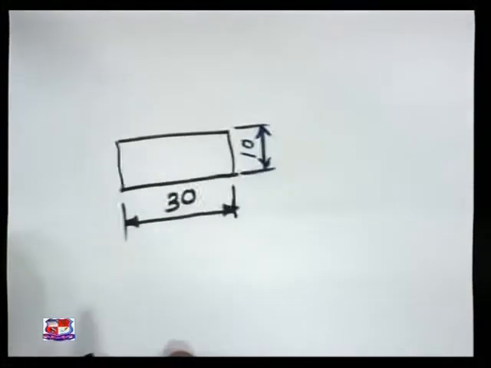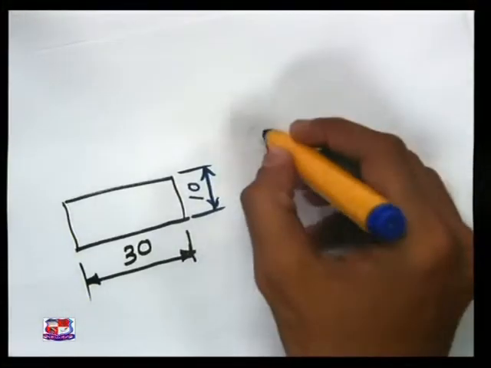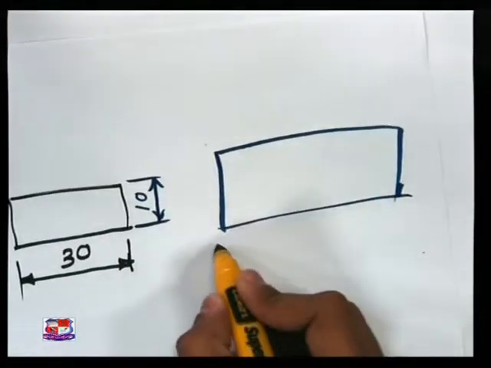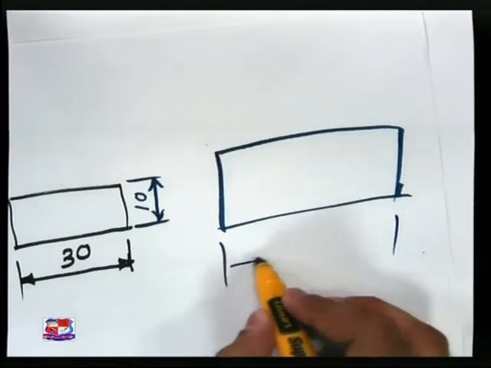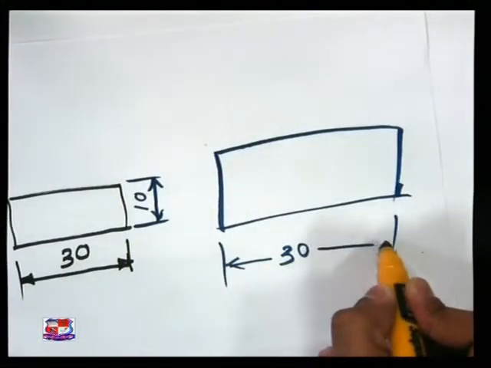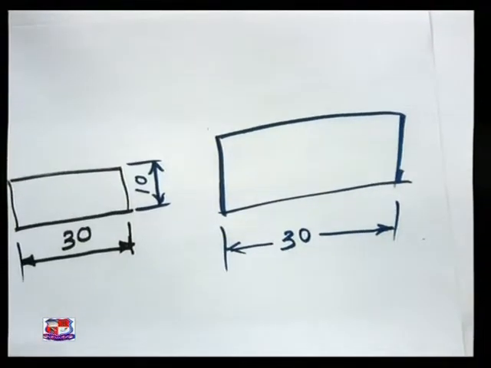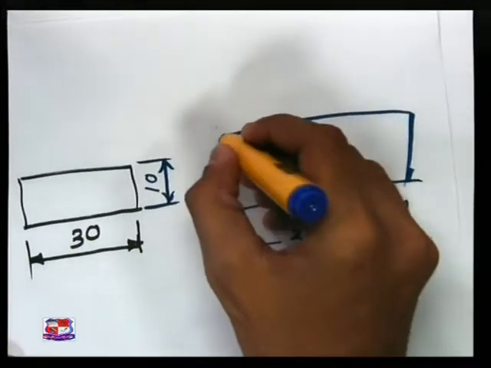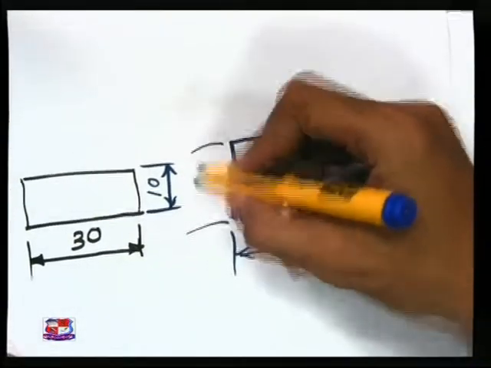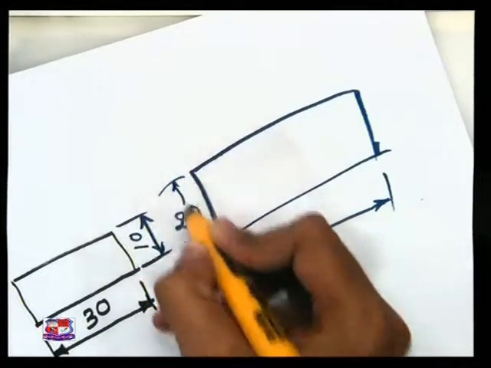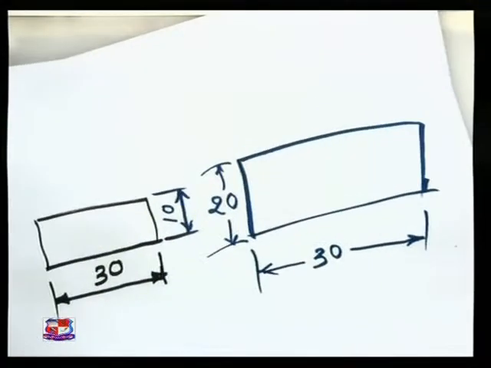In case of the unidirectional system of dimensioning, suppose this is a rectangle, you have to insert the dimensions by the unidirectional method. So the dimension should be inserted like this, 30 like this. Cut this line and write 30 in between, and to represent this height, which is 20, write 20 over here, which is readable from the front view like this.